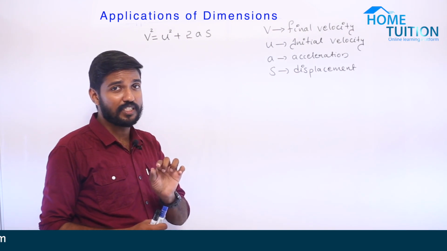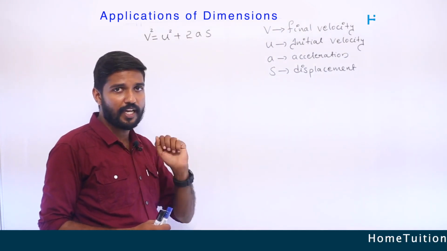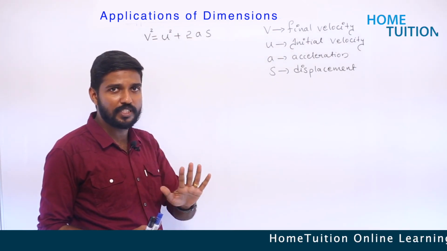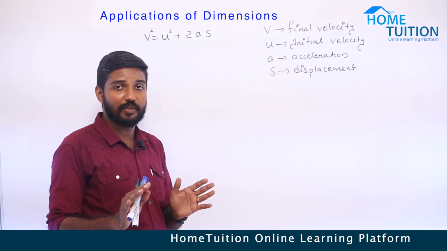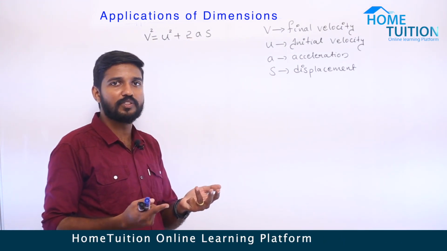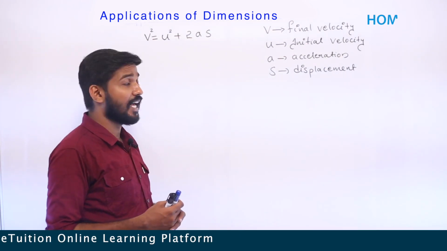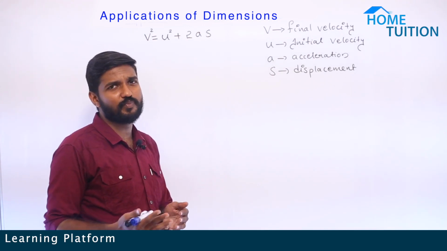Whether it is final or initial, it's velocity, you don't have to bother about that. Then u is another velocity, initial velocity. So v is velocity, u is also velocity. Again a is acceleration, and s is nothing but displacement.